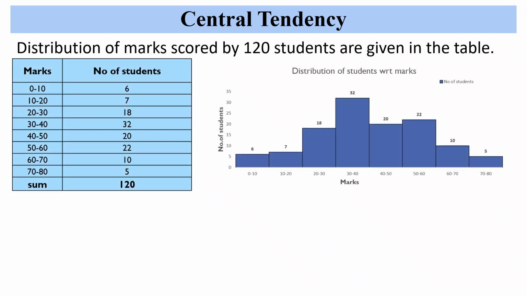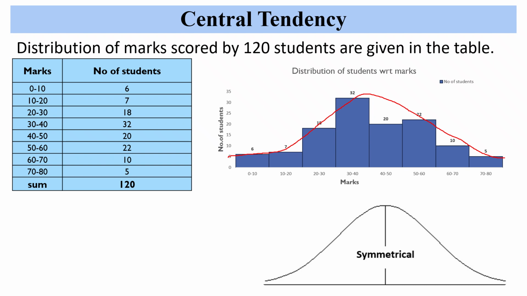The marks are out of 80, and if you observe this distribution and try drawing the midpoints of the rectangles, we can find that the data is almost symmetrical. That is, most of the data is concentrated in the central region as compared to the tail regions, right?